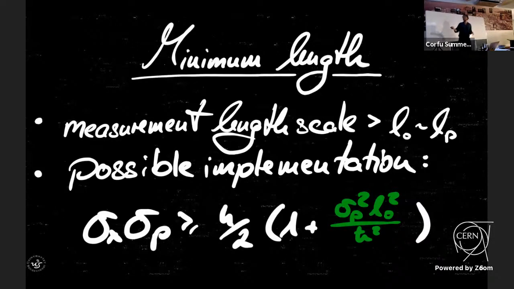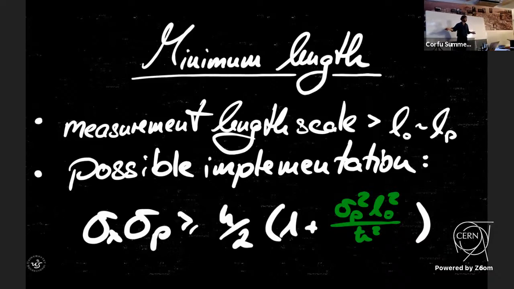In this case, you just say, whenever we measure something, the length scale we can approach will never be smaller than some length scale called L0, and supposedly this is of the order of the Planck length.